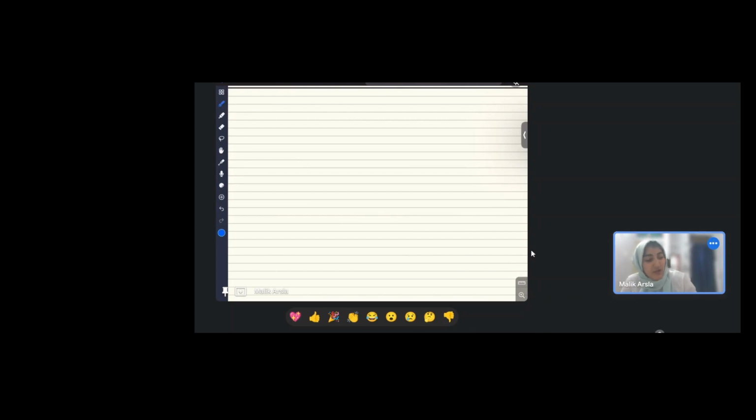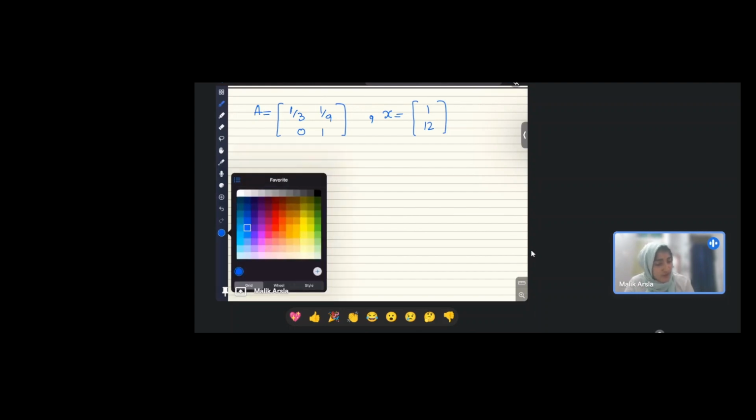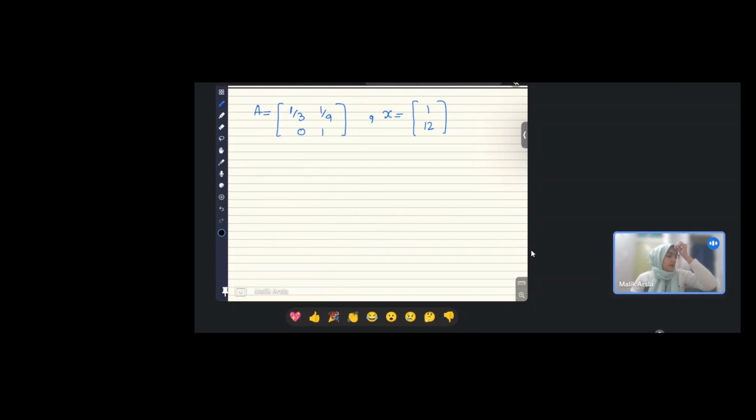Now we are given that the matrix A is equal to 1 by 3, 1 by 9, 0 and 1, and x has been given as 1 and 12. The question is asking about the value of A to the power k x as k tends to infinity.